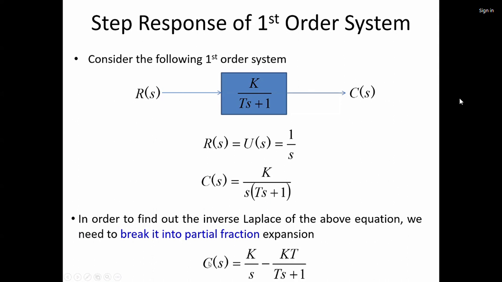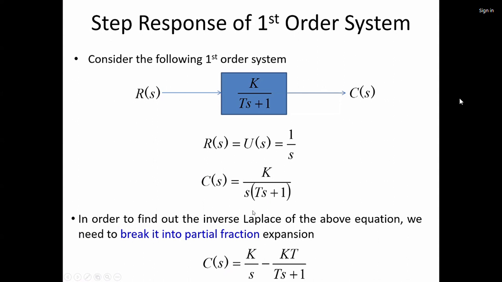So for example, you can write C(s) as k by s minus kt divided by ts plus 1. If you do the math, it is basically the same thing, but we have expressed it in a different way because we know the inverse Laplace of 1 over s. We also know the inverse Laplace of 1 over ts plus 1.